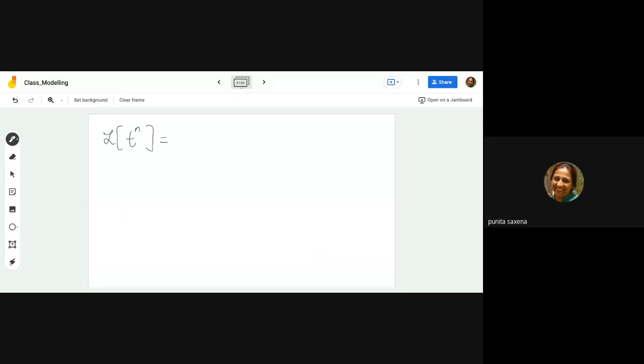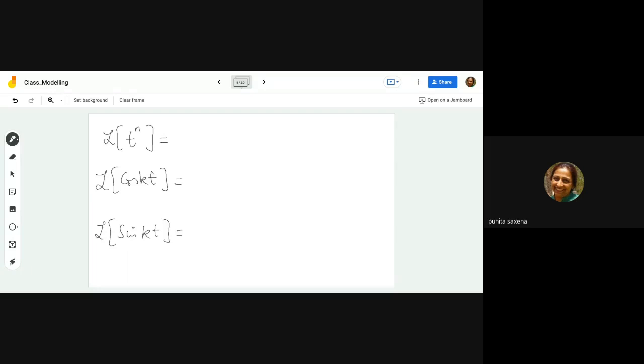What is it? What is the Laplace transform of t to the power n? Everyone will get it now, these should be remembered. Laplace transform of cos kt, Laplace transform of sin kt.